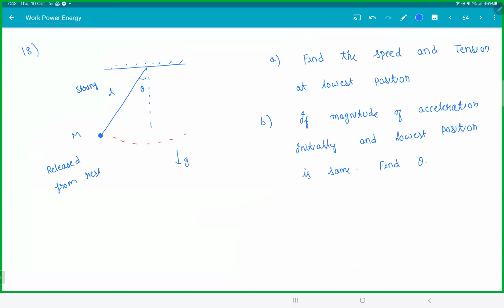Second part, everyone. What about this one? Try, I'll give you a minute. When you release it, you will have some acceleration. When it reaches the lowest position, it has some acceleration. And he's saying these magnitudes are equal. Then what is theta?